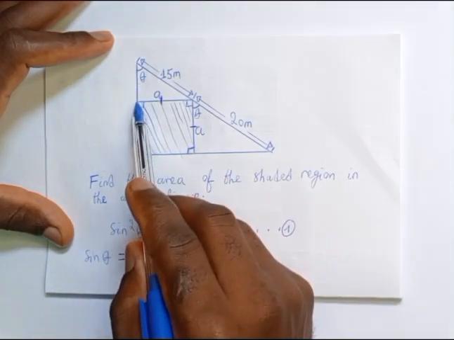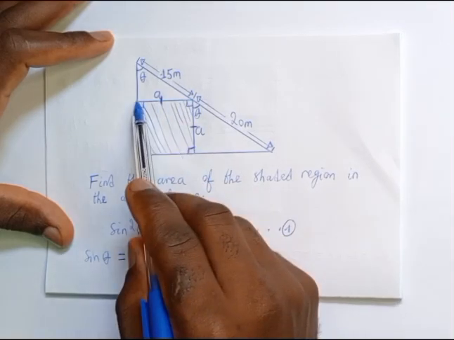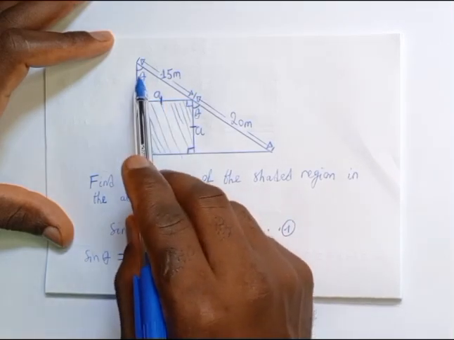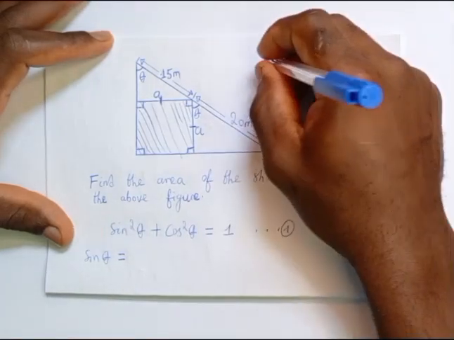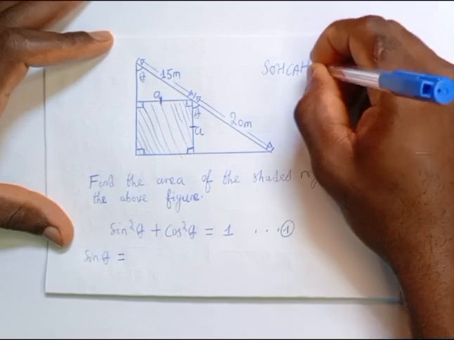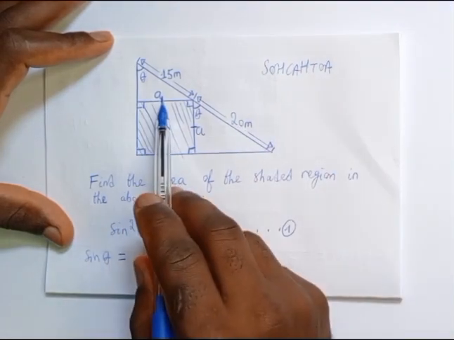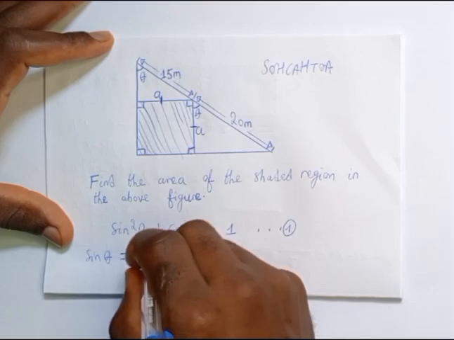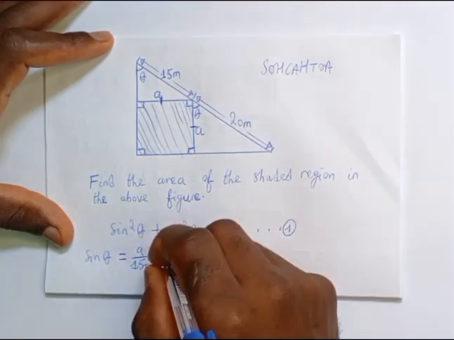Remember, this is a right angle triangle with a hypotenuse 15 meters. The opposite of the angle theta is A. If we make use of SOHCAHTOA, sine is given by opposite over hypotenuse. Opposite, which is A, over the hypotenuse, which is 15 meters.